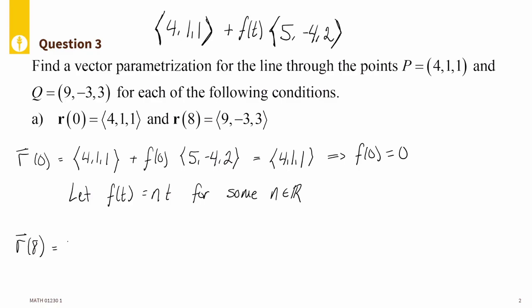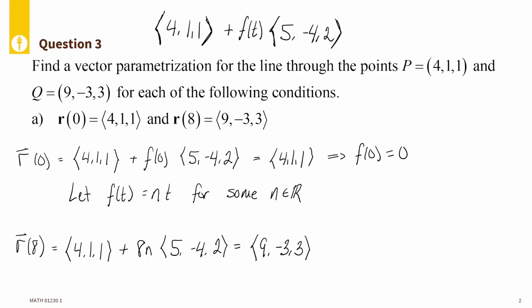Now R of 8 has to be 9, negative 3, 3. With f of t now being n times t, f of 8 would be 8 times n.